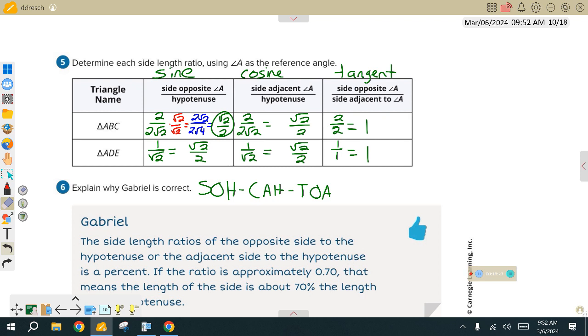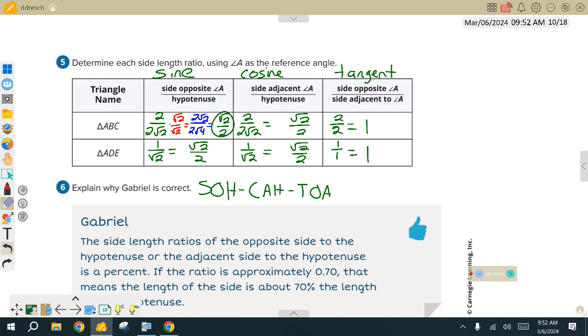I don't know how many years it's been since I've had geometry. It's been a long time. But remember that SOHCAHTOA is a nice little mnemonic device for us to say sine, opposite over hypotenuse; cosine, adjacent over hypotenuse; tangent, opposite over adjacent. So you started that process of learning your trig ratios.